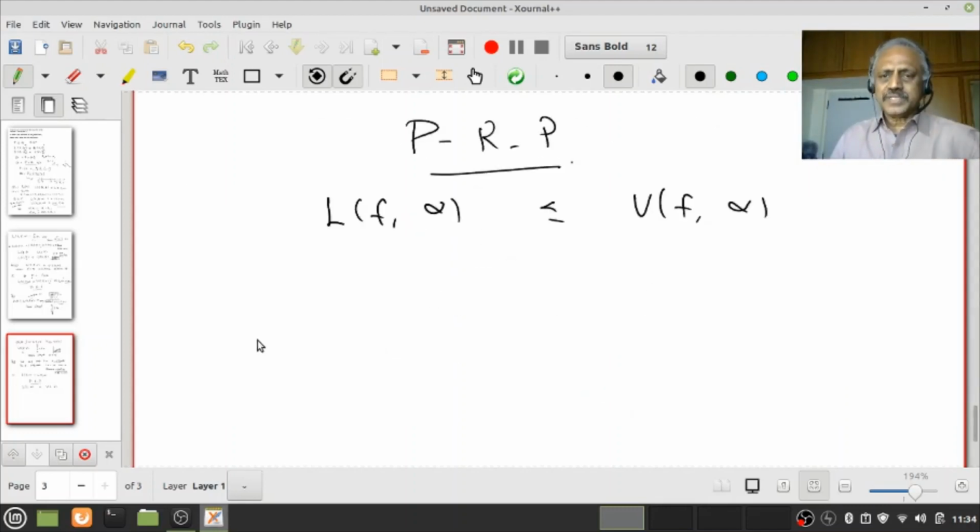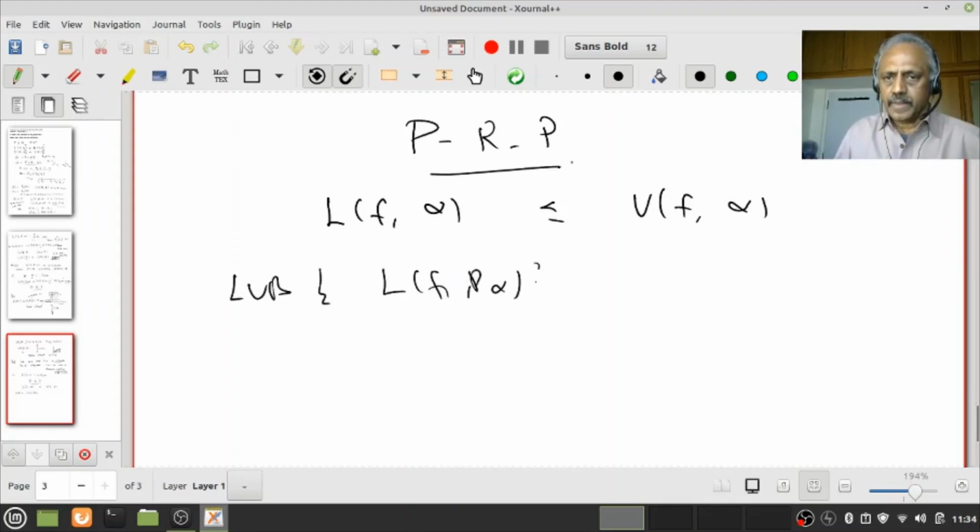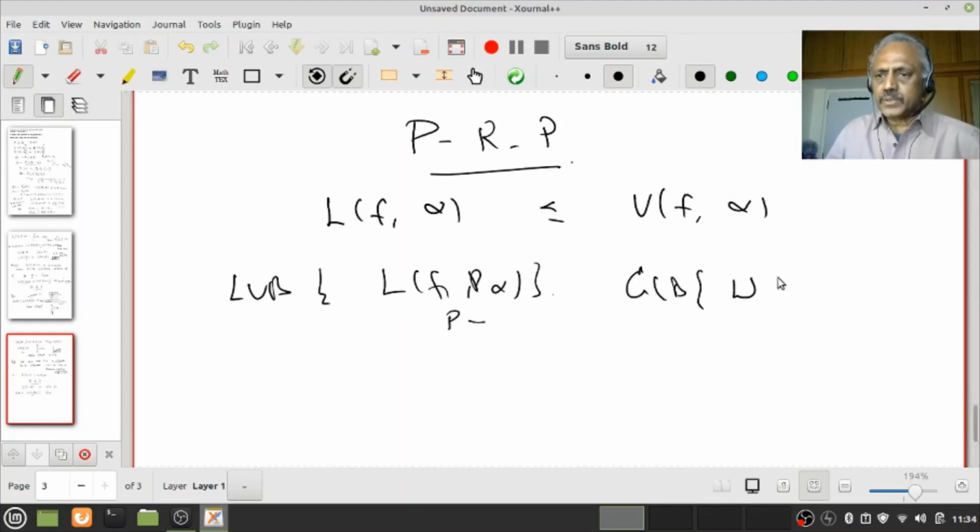Now the proof is easy. Okay, so this is the LUB of what? This is the LUB of L(f, P, alpha), with P varying over partitions, and this is the GLB. It will be a good idea not to write P but some other partition, Q, again an arbitrary partition.